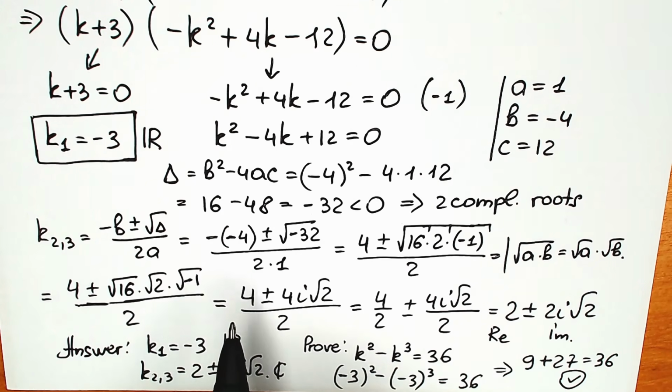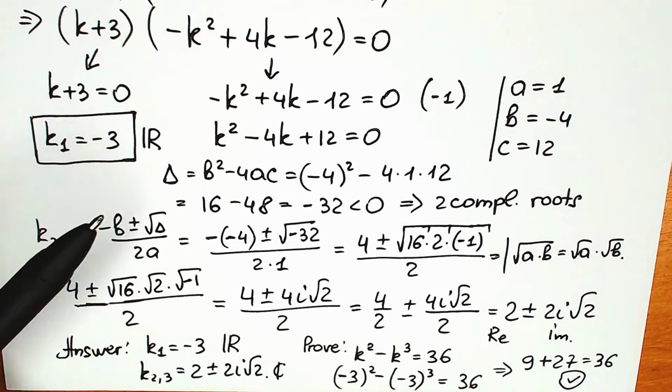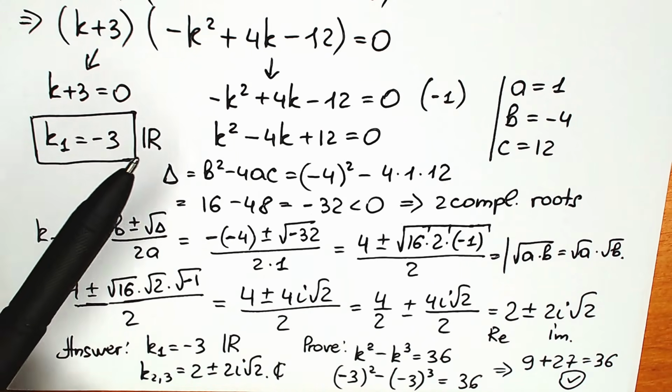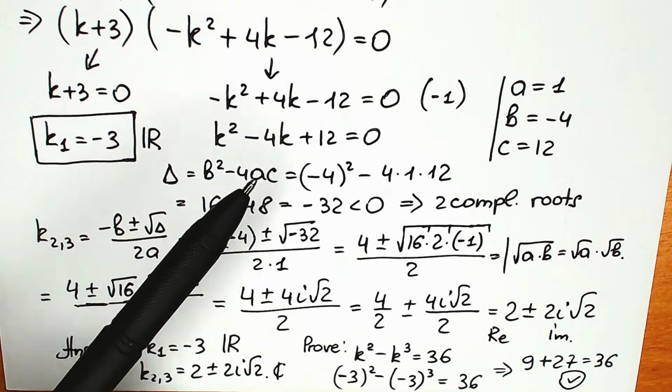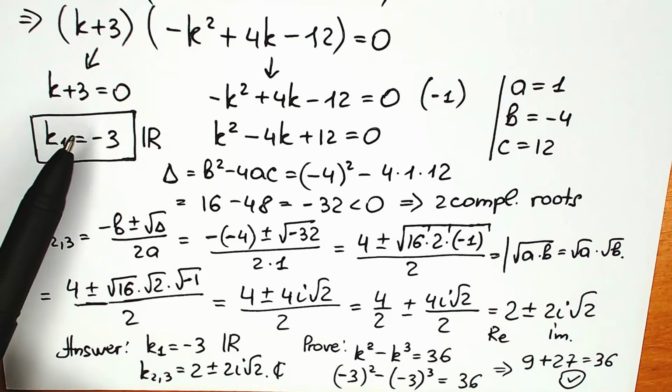And the second thing I want to underline: a lot of students solve this question by inspection, and they might think, okay, k first equals -3, because it's not that hard to guess this root by inspection. But one really important moment: when you solve this question by inspection, you forget about the second part, and the second part is our complex roots. You can guess a root.